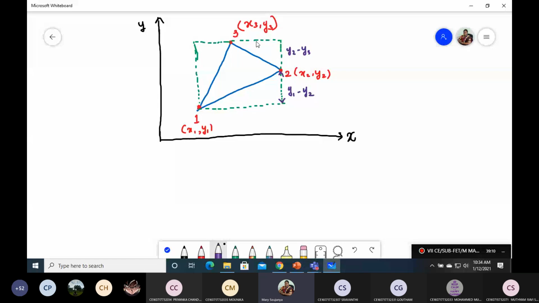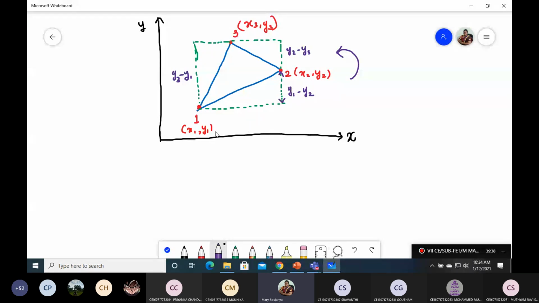And then here, all y I'm finishing first. It is y3 minus y1. When it comes to y, we are going in this direction, closed format. When it goes in this closed format, y1 minus y2.